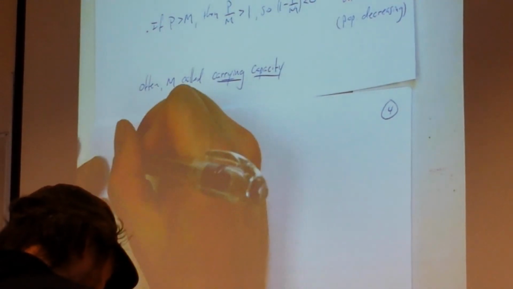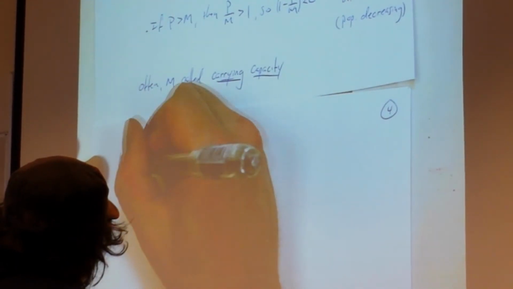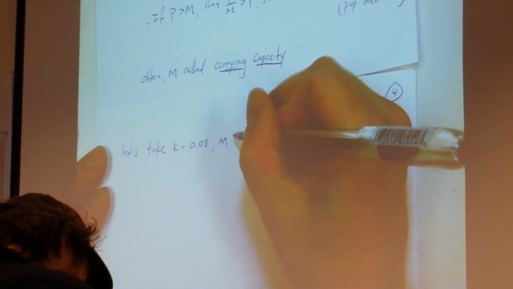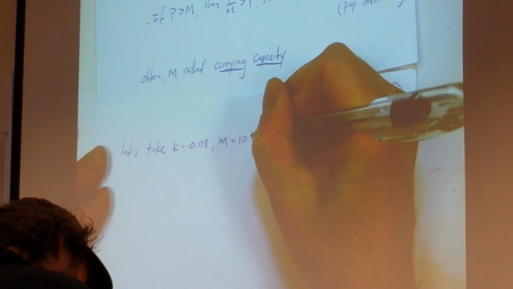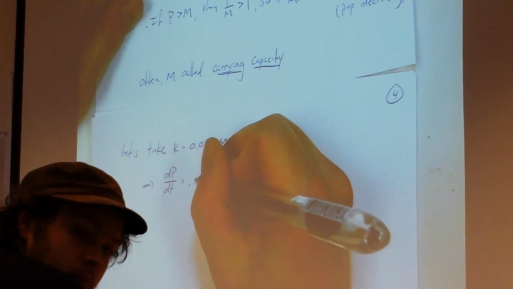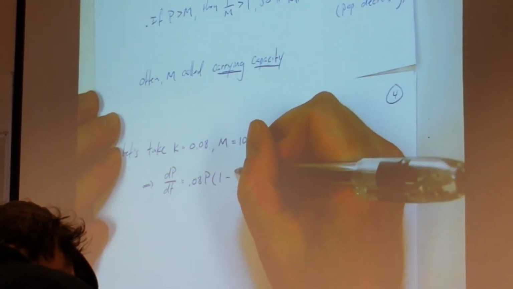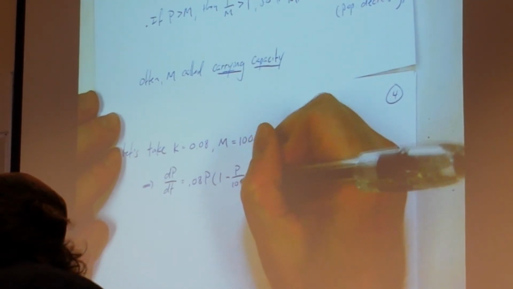But let's say we take some specific values: k to be 0.08, and we'll take m to be simply 1,000. Then our differential equation becomes dP/dt equals 0.08 P times (1 minus P over 1,000).